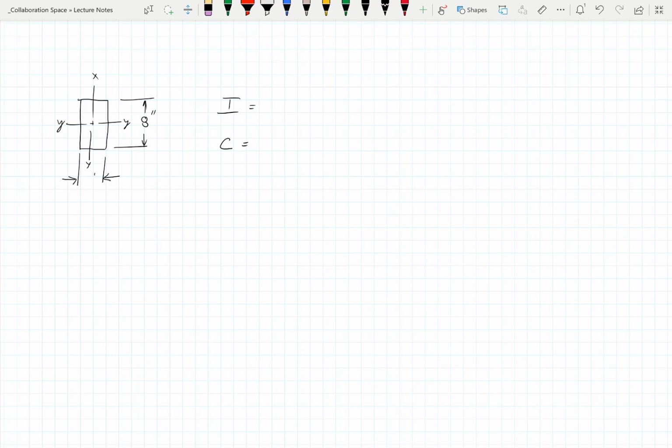Actually, to do this, let's make the base equal to 2, 4, and 6, and we'll do all 3 of them. And we're going to look for I and C in the Y-Y, so going up and down.